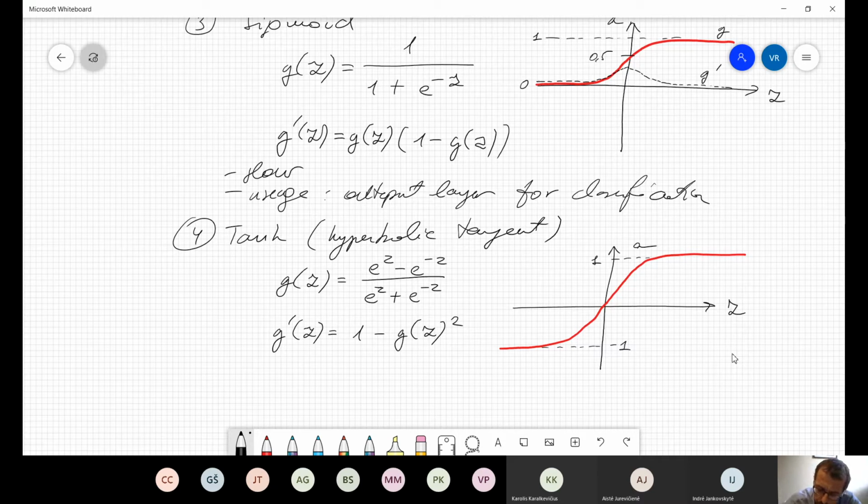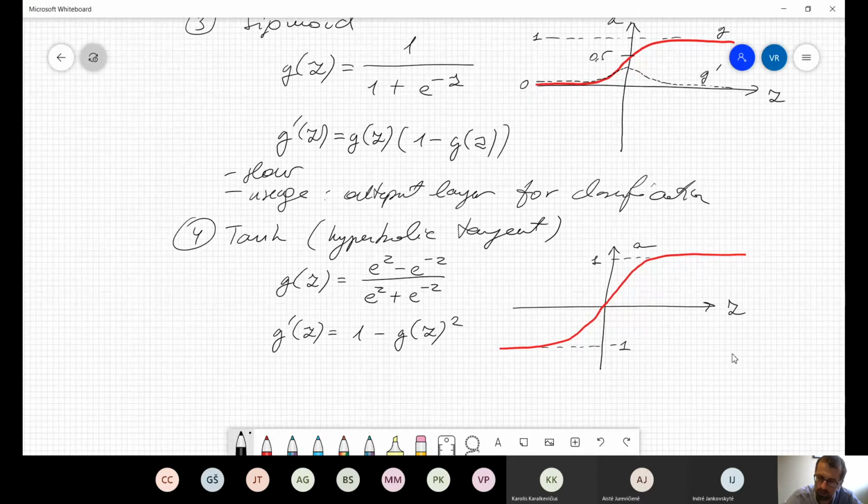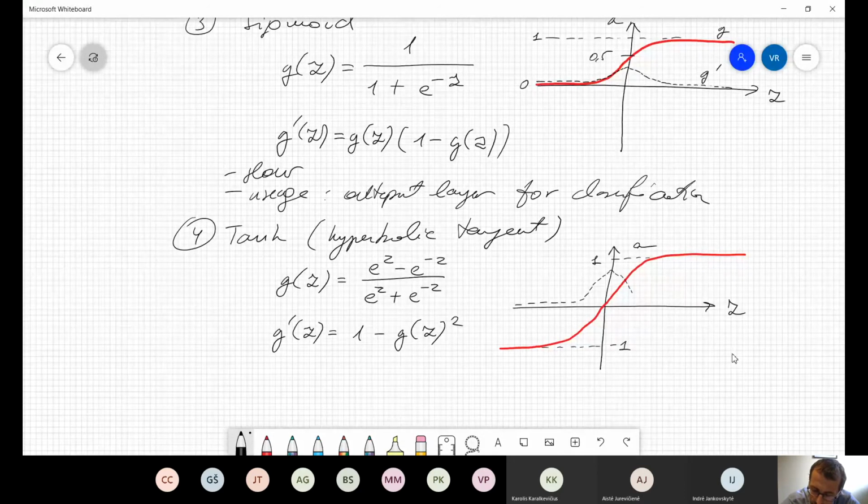The other good thing is that it has more power. The power comes from the -1 to 1 range. It has a larger output range, and the gradient is higher as well, obviously.